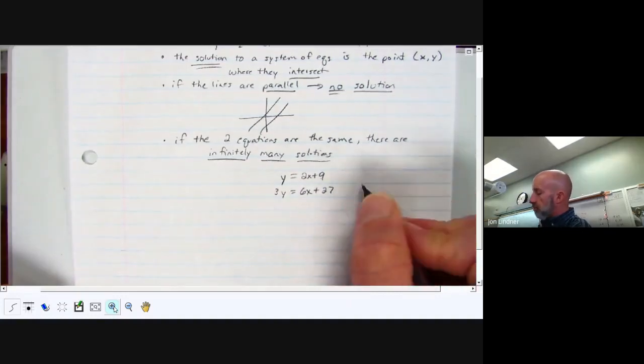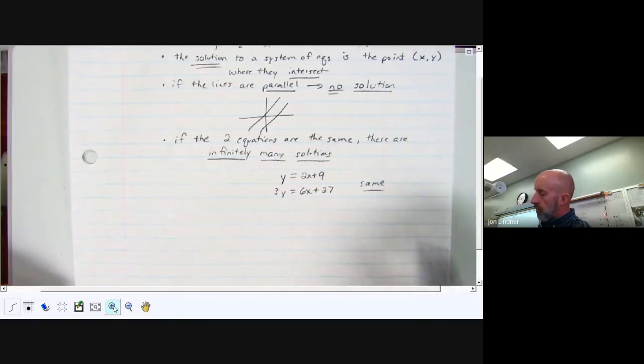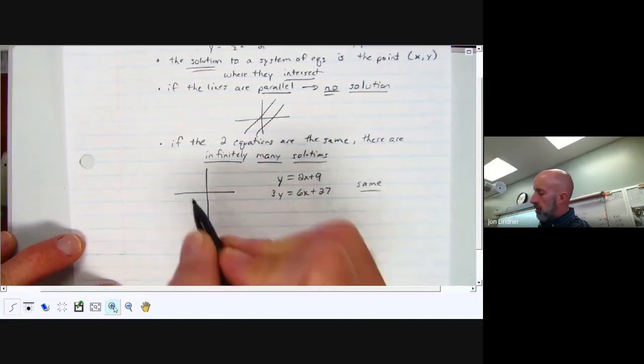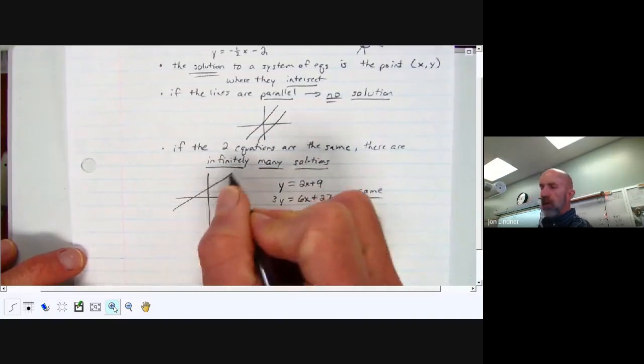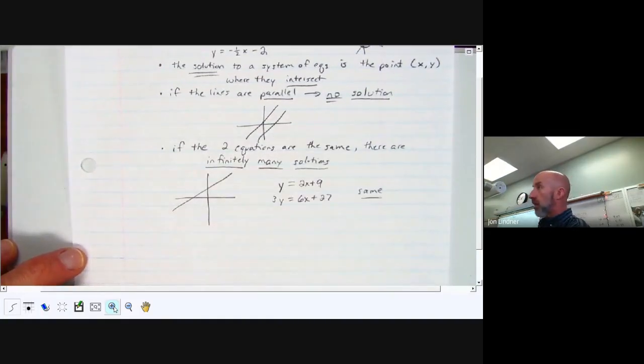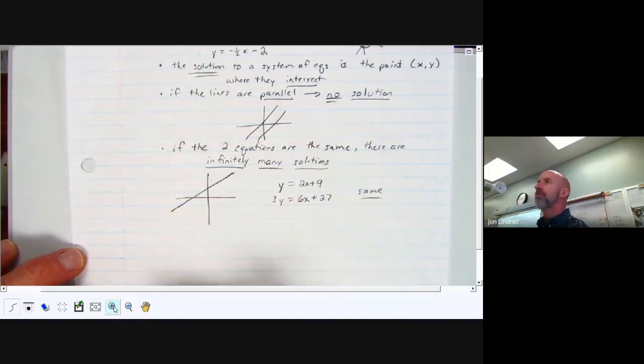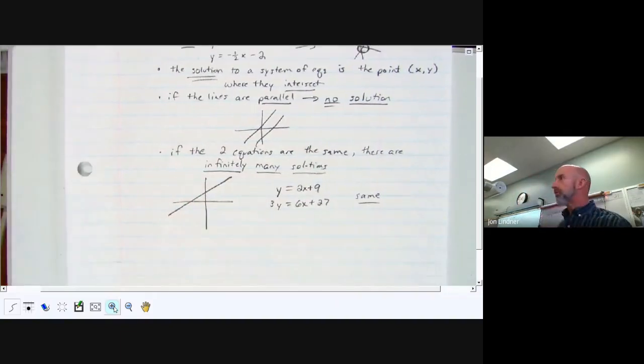These two are the same. And so when you graph them, what would happen on Desmos is you graph the first one like this, and then when you graph the second one, it graphs right on top of it, just like that. And so they're the same equation, all right?